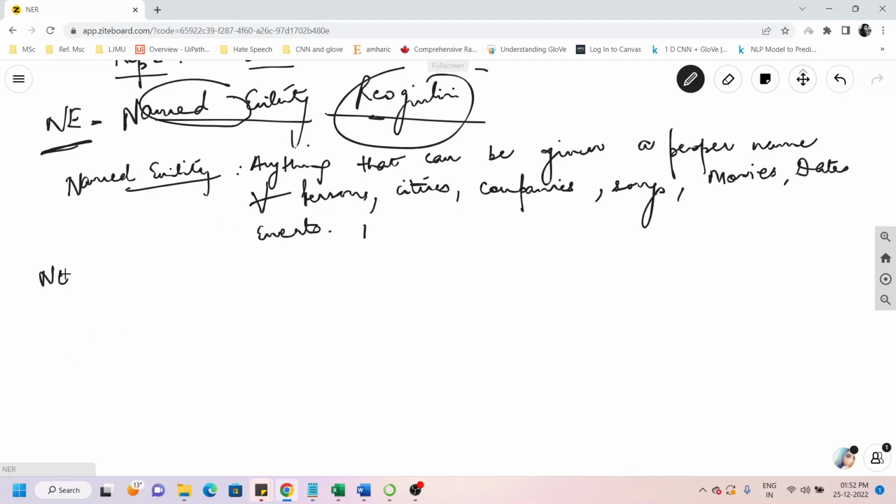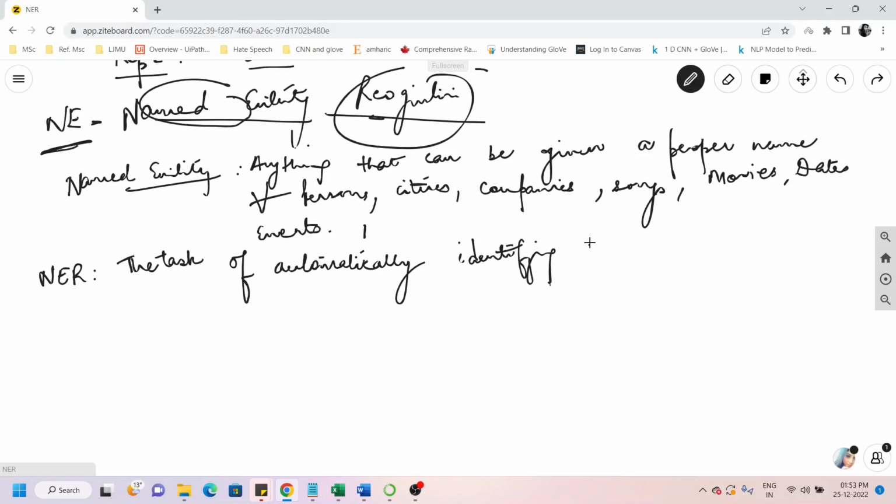So what is NER? The full form is written up here. And what is the definition of this? The task of systematically identifying the named entity in the input text.